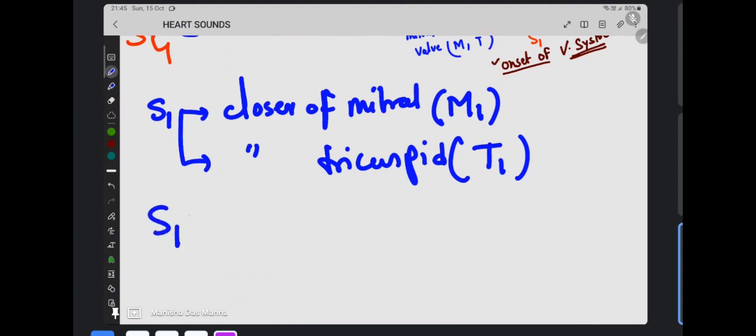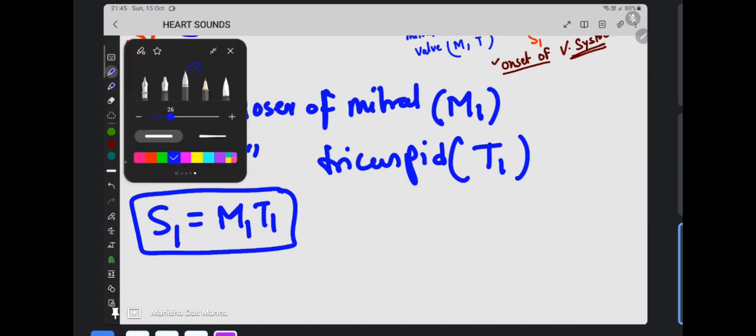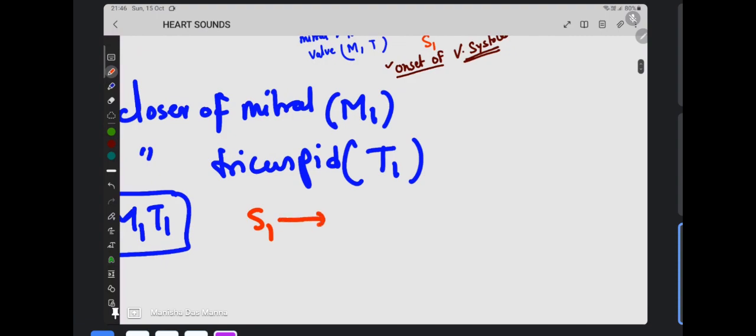So S1 is written as M1 T1. The closure of the mitral valve as well as the tricuspid valve collectively produces S1. So obviously S1 has two components: one is the mitral component and another is the tricuspid component.